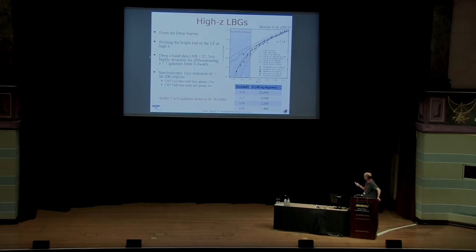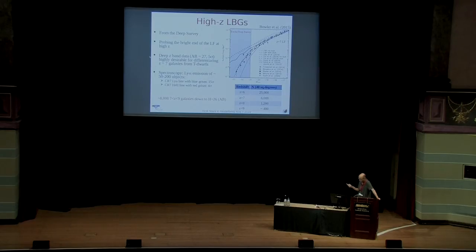So here is represented the luminosity function of high redshift galaxies, depending on different data sets and different simulations or modeling. So Euclid will really probe the bright end of the luminosity function, and no other facility will be able to do so.